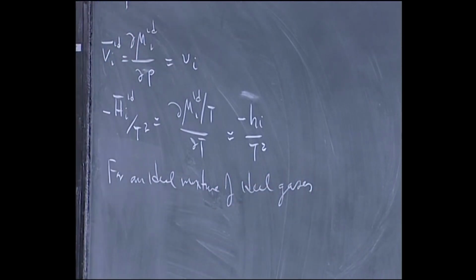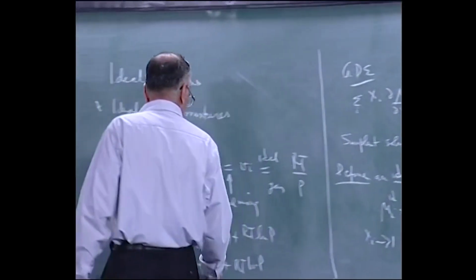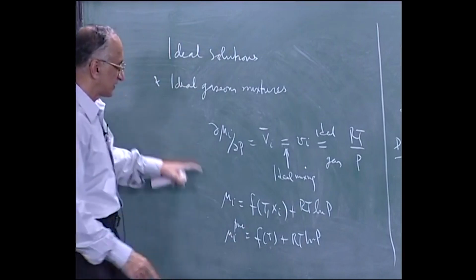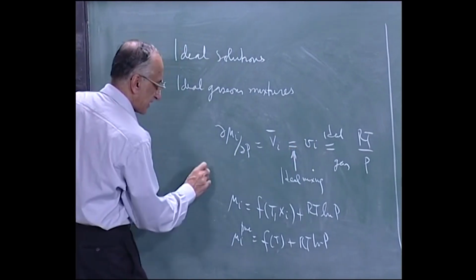The ideal mixing process can be in the liquid phase, can be in the gas phase, but I am taking the special case of an ideal mixture of ideal gases. For μi pure, for an ideal gas, I got this result. All of this is for ideal gas, because I have substituted ideal gas here.